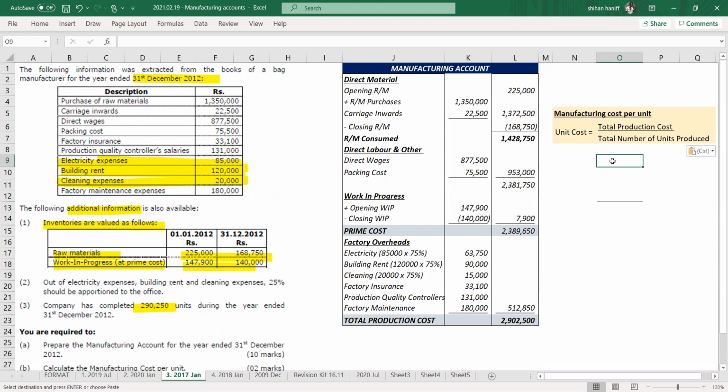Right. So total production cost is 2,900,500, and the number of units produced is 290,250. So unit cost is 10 rupees.